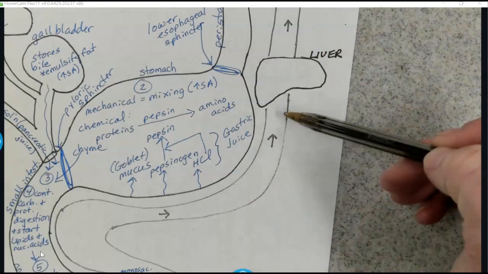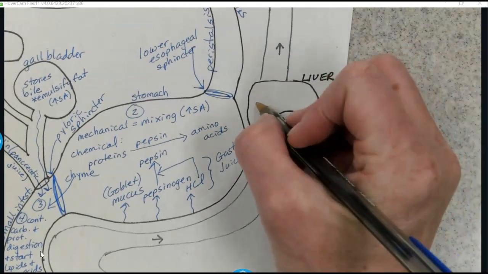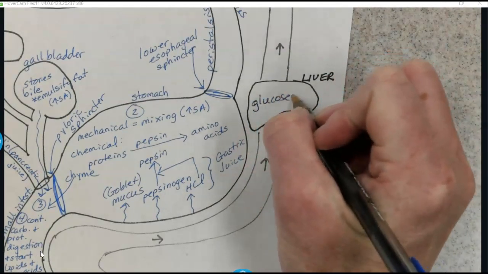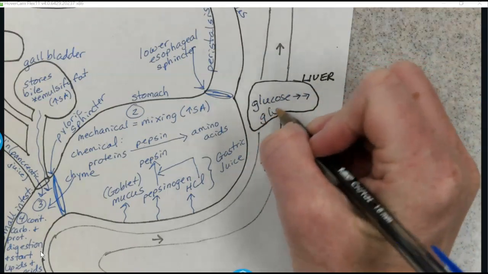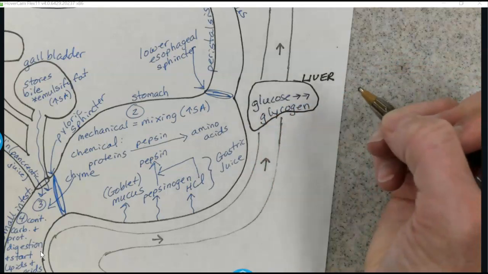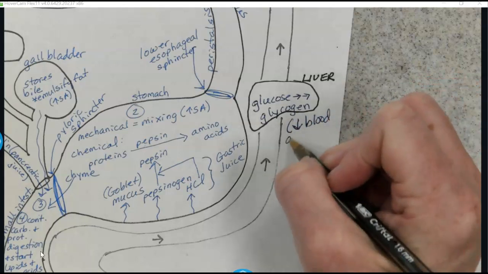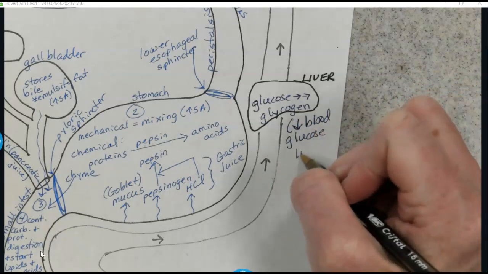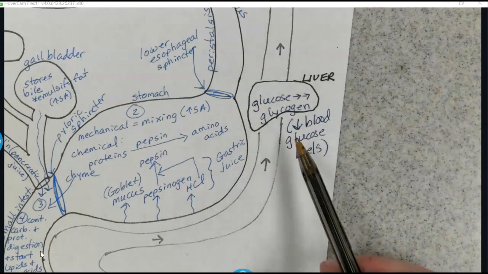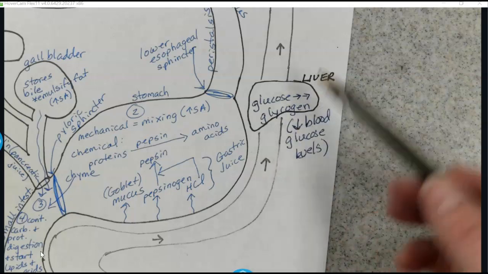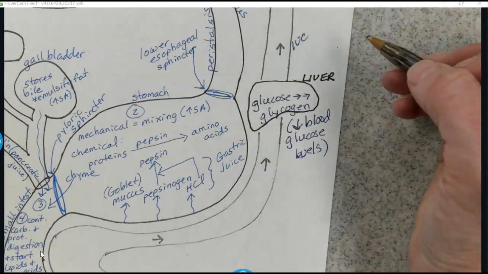So when this comes back through the hepatic portal vein, coming up to our liver, as it goes through the liver, remember, excess glucose is converted, there's some series of stuff in there, but we don't need to know the detail, into glycogen. And that's for storage. And so what that's going to do is decrease our blood glucose levels. All right, and we'll talk about how insulin helps with this process in a future unit. And then, of course, we continue back to the inferior vena cava, back up to the heart, etc.